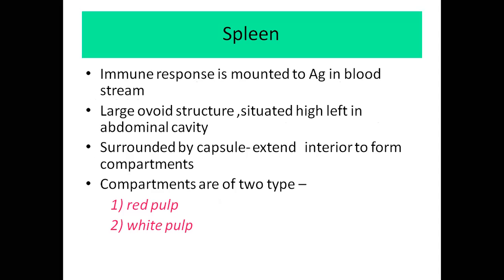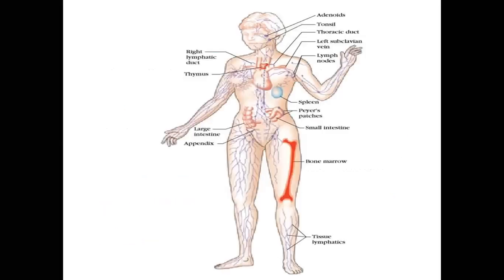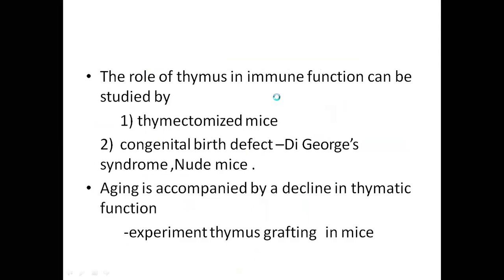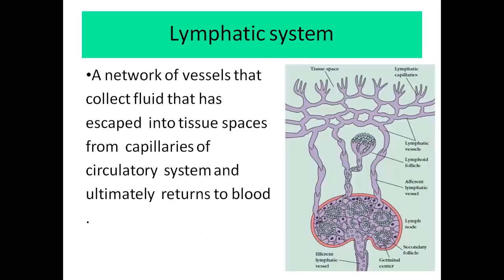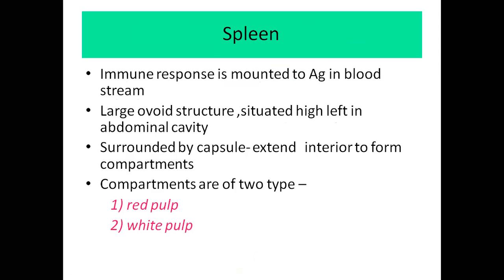It is a large ovoid structure situated high left in the abdominal cavity. I'll show you the diagram in the human body where the spleen is located. Here, this is the spleen, which is located on the left side.